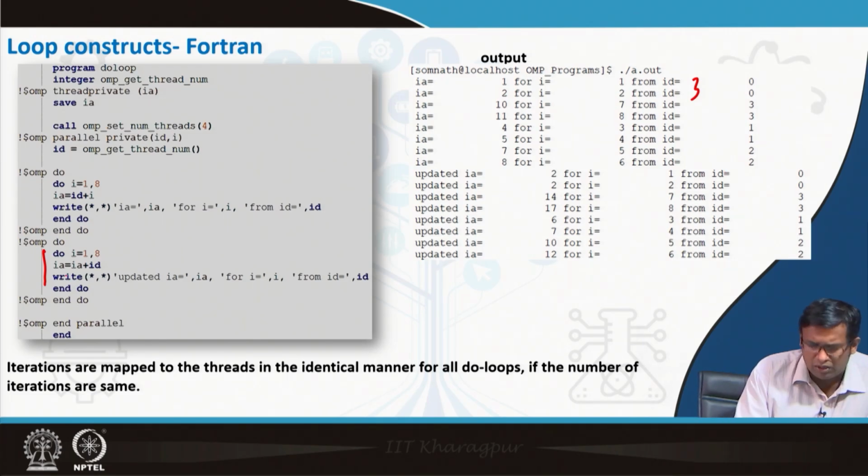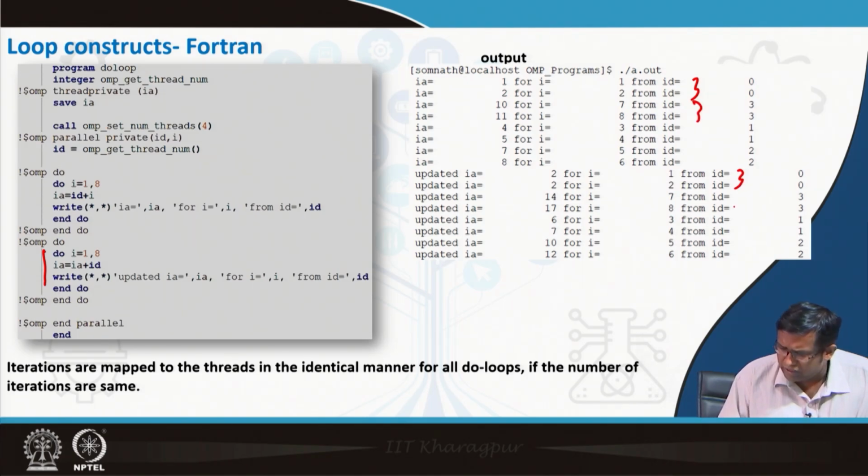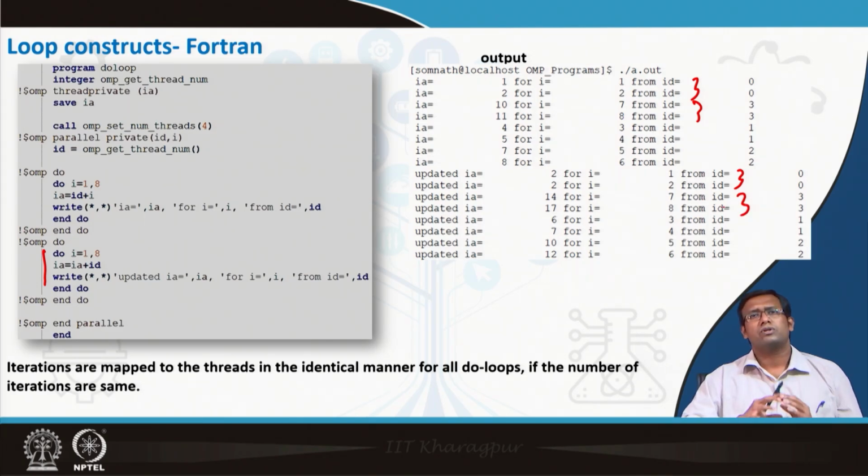So, this loop ends, another loop starts here. This is also iteration 1 and 2 going to ID 0, iterations 7 and 8 going to thread 3, and here also iterations 7 and 8 go to thread 3. So, the mapping of the iterations to the threads is identical for all do loops if the iteration numbers are the same.